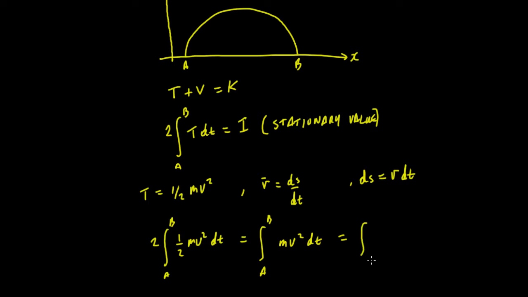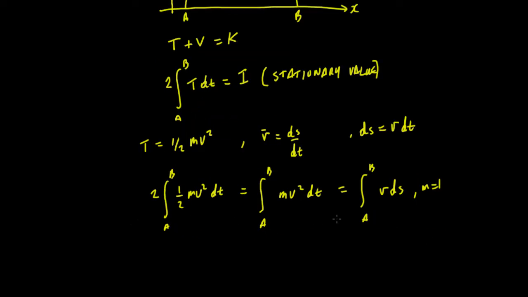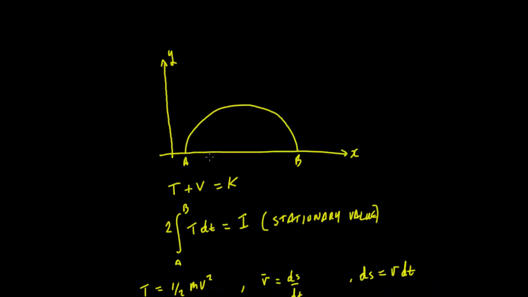So that's going to equal the integral from a to b of, well, v dt is taken up by one of the v's here in dt, so you're going to be left with 1 v, and if we assume that m equals 1 for the moment, then you're just going to be left with your v ds. Okay, so that's m equaling 1. Now we're going to look and see what this v is here and what the ds is in terms of our little drawing up here.